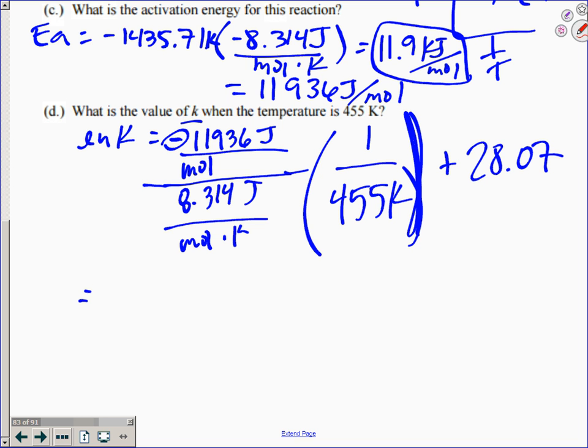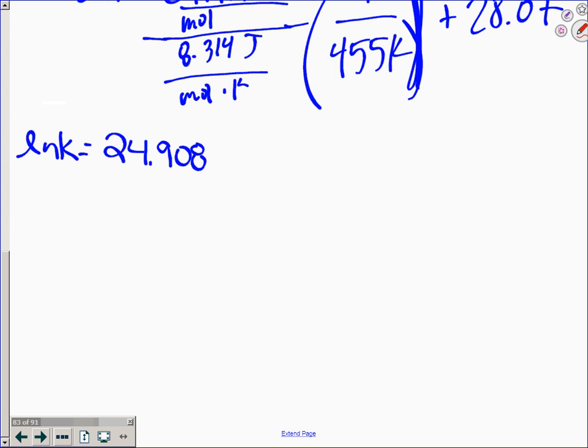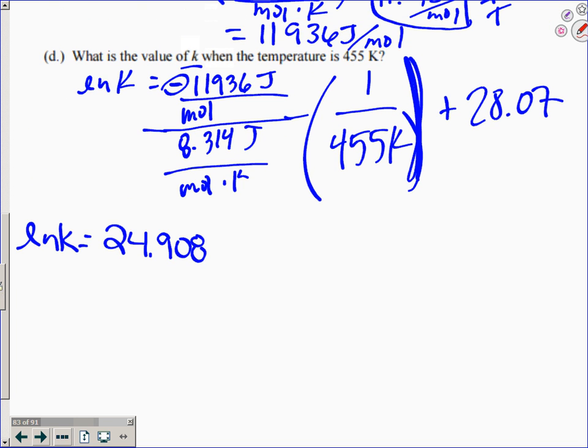Alright, some of you are graphing and just tracing to find the K value. If you're doing it by plugging into your equation and you find your ln K, does anybody have that for me? When you plug in your negative EA, remember this is the joules version, because the R value is in joules.